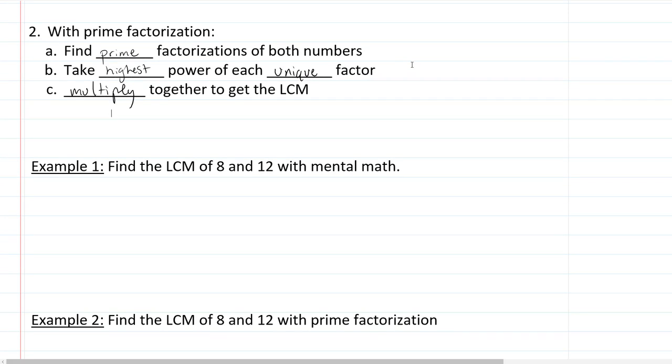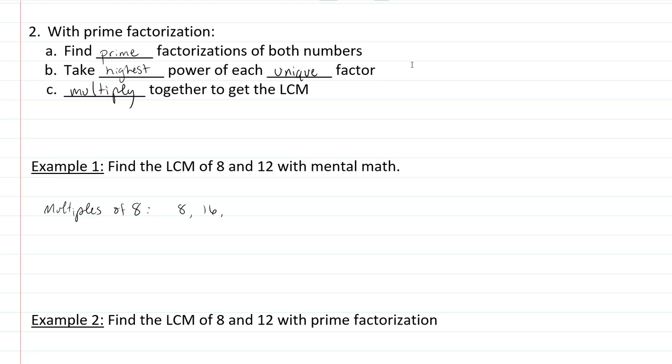First example is we'll use mental math to find the LCM of 8 and 12. So let's list some multiples of 8. The first one's 8, then 16, 24, 32, 40, 48, and so on.